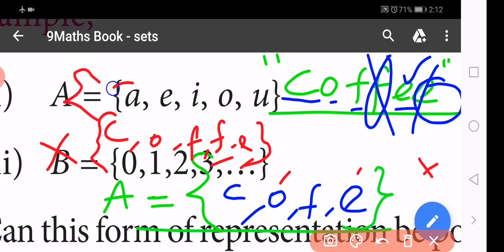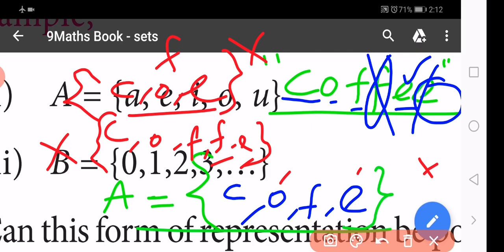Now another one, C O E, it is also invalid because the letter F is omitted. So this is the roster form. So do you understand?